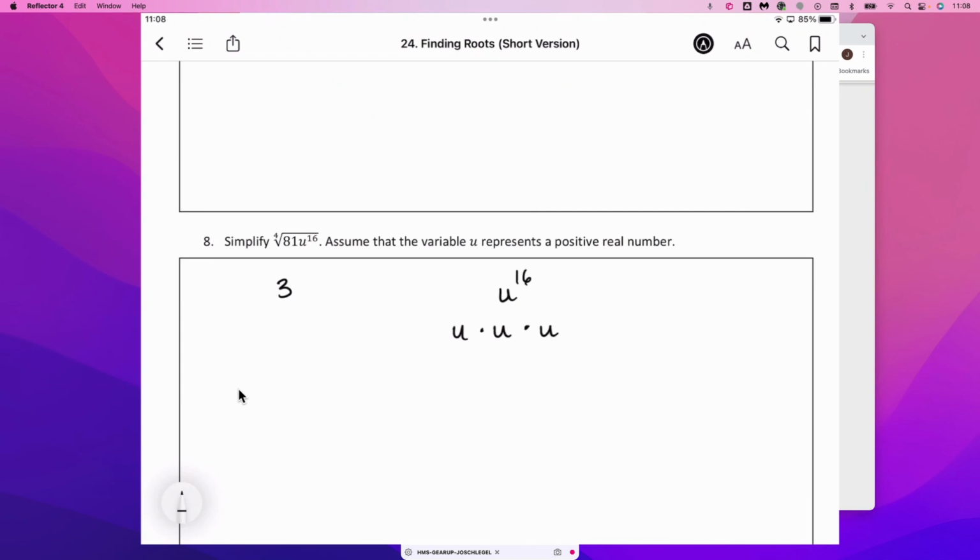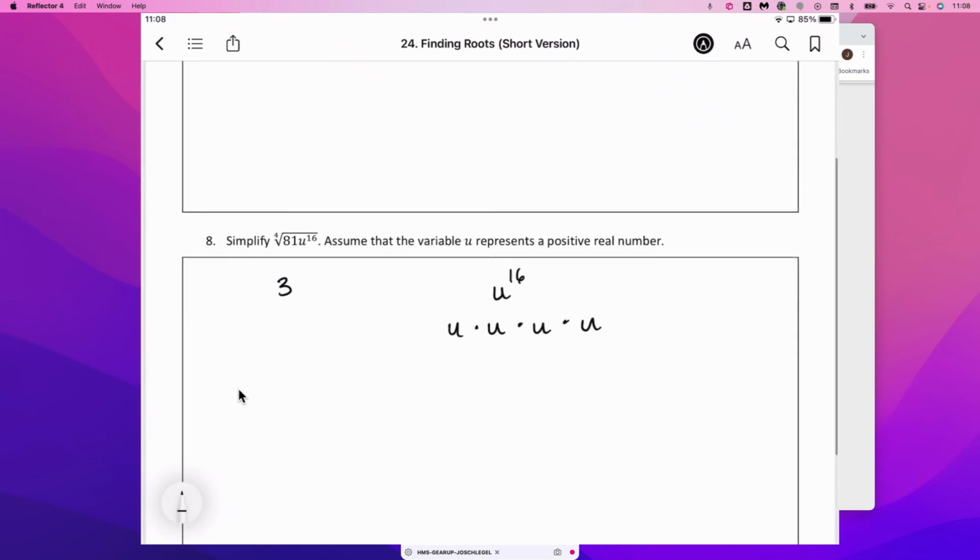And remember, when we multiply things with exponents, we add the exponents. So I need to end up with u to the 16th, and I need to divide 16 into 4 parts. That makes u to the 4th. 4, 8, 12, 16. So 3u to the 4th is what our final answer is going to be. And there's a bit of an explanation there on the right as to why.